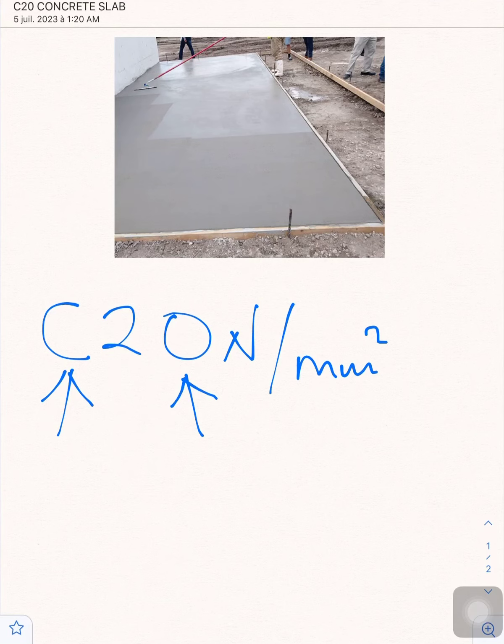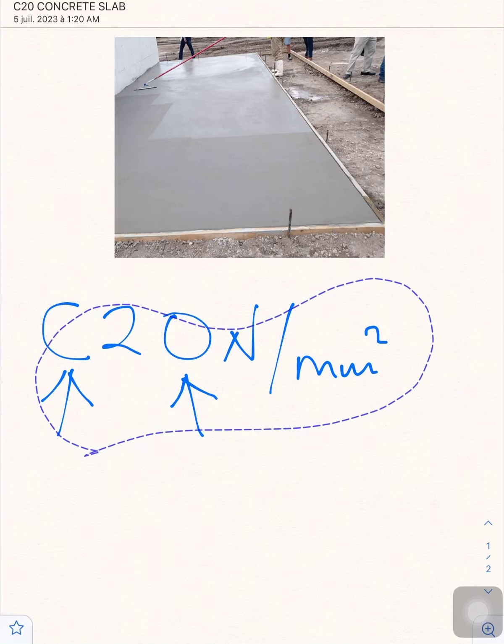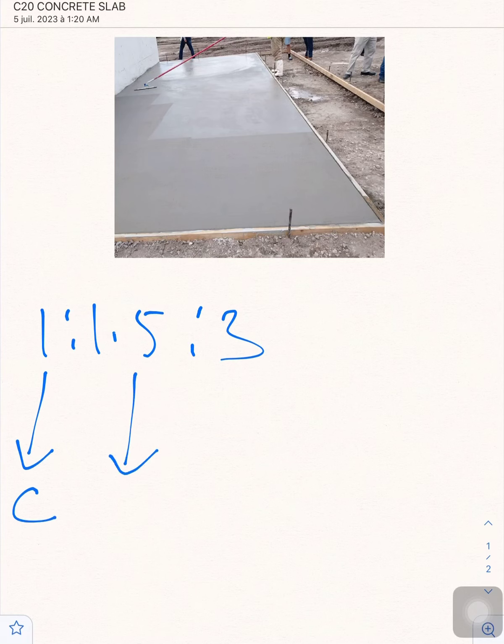So the ratio that is used in the designing of C20 is the ratio 1 to 1.5 to 3. This simply means 1 represents cement, 1.5 represents sand or fine aggregate, and the 3 represents coarse aggregate.